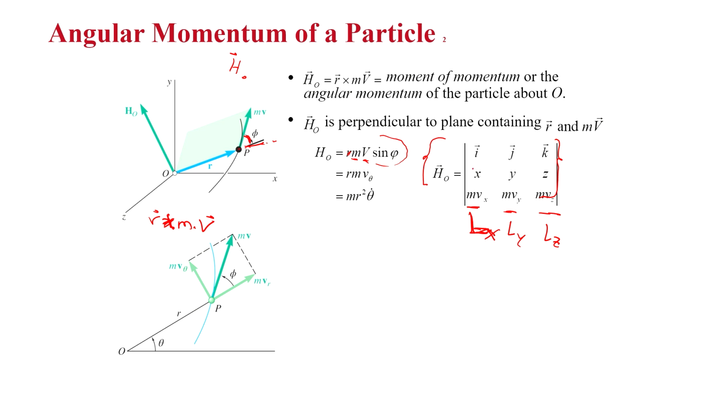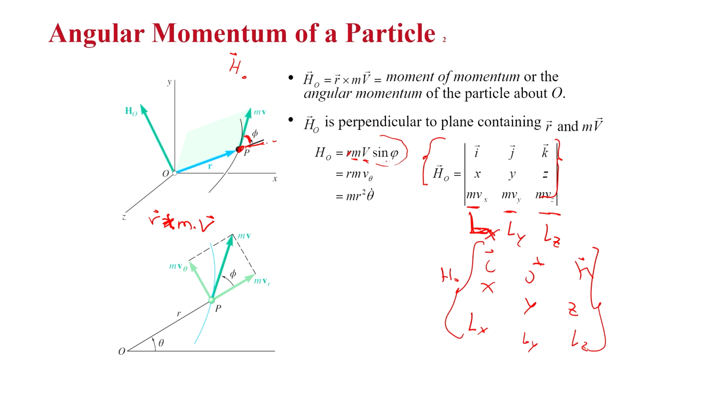Basically, the cross product of i, j, k with your coordinates in space and the mass times velocity at x, mass times velocity at y, mass times velocity at z. You compute that, and that will give you the angular momentum.